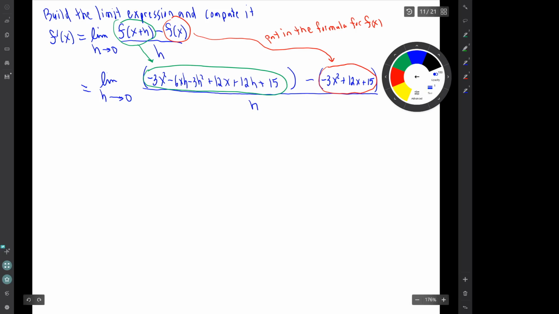Well, the first thing that we can do is we notice that some things can be canceled. Notice that there's a minus 3x squared here that's going to cancel that minus 3x squared. And there's a plus 12x here that's going to cancel that 12x. And there's a plus 15 here that's going to cancel that 15. So we can cancel those terms just because it's arithmetic.